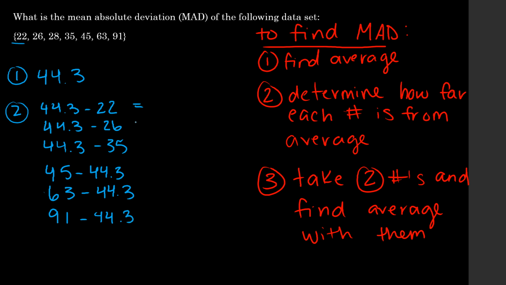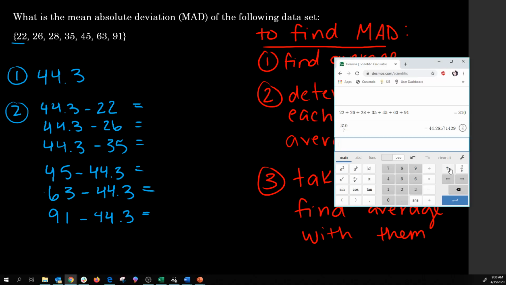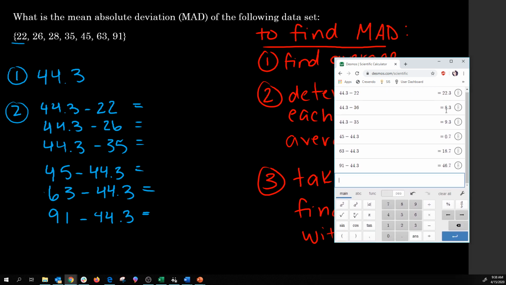Okay, so what I'm going to do for these is I am just going to type these into that calculator to kind of help speed this process up a bit. So these are how far apart each one of those data points is from our average.